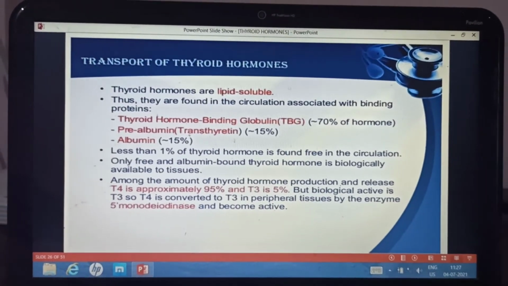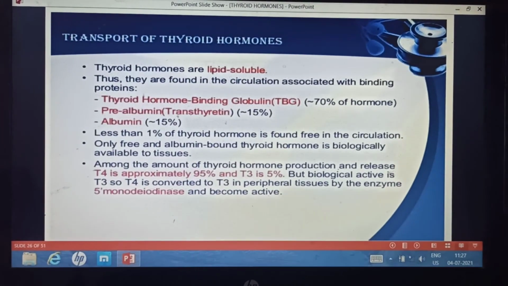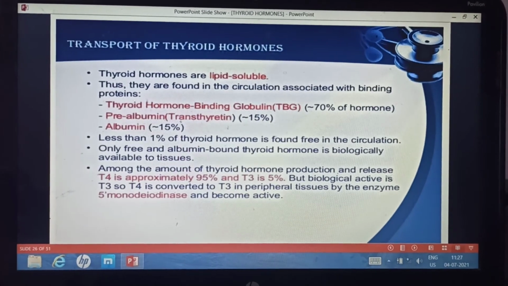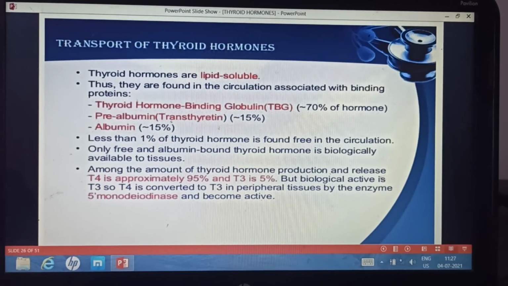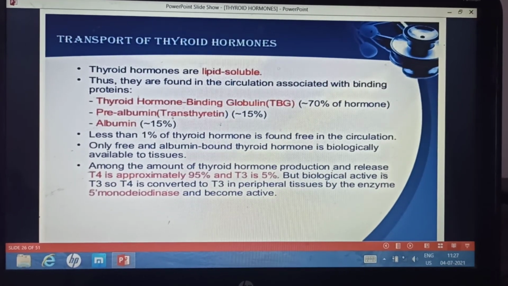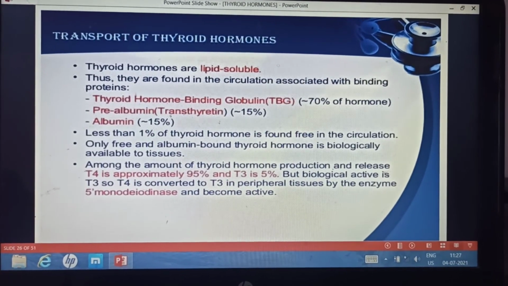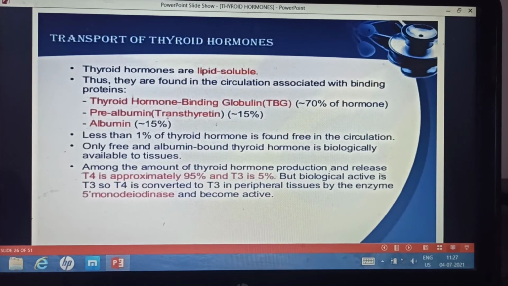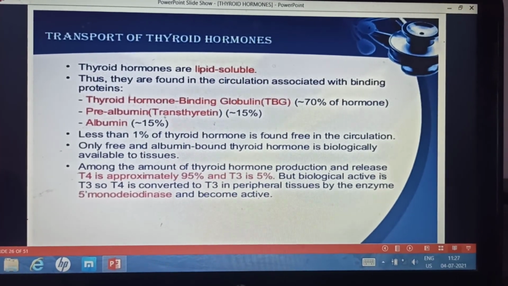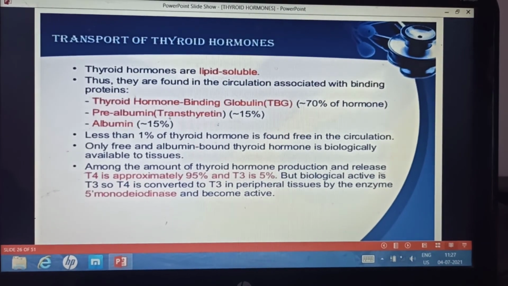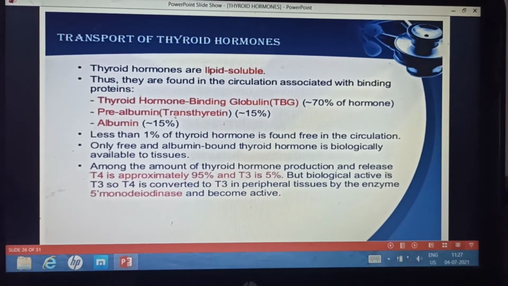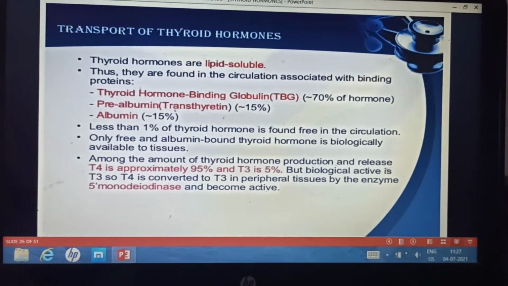So here transport of the thyroid hormone is shown. They are lipid soluble or lipophilic. They are bound to the thyroid hormone binding globulin, prealbumin and albumin. Most of the hormone is in the bound form and very little is in the free form. The free form is available for activity and it is the only active form, that is, the free form is biologically active.